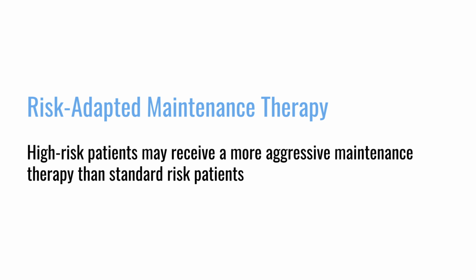Even though the induction and the transplant portion of treatment tend to be the same regardless of the cytogenetics, it is important to know the type of cytogenetics and whether you're high risk, low risk, or standard risk, so that you can establish a proper maintenance. So high-risk cytogenetics at the beginning when somebody's diagnosed is important so that we can have an idea of not just the type of disease that you have, but is this a disease that's going to be hard to fight?